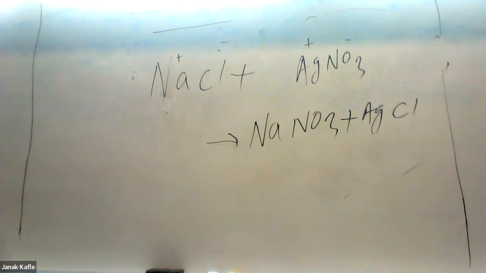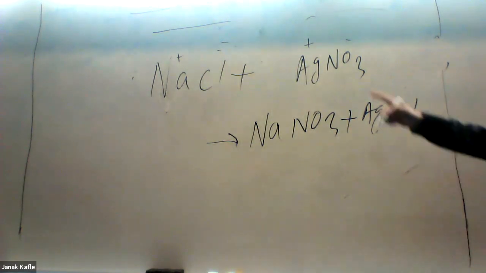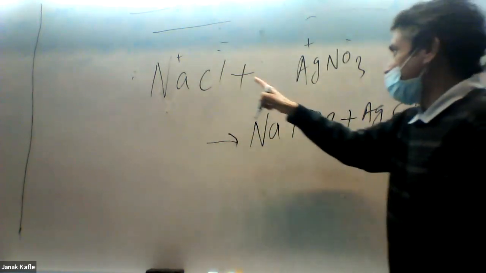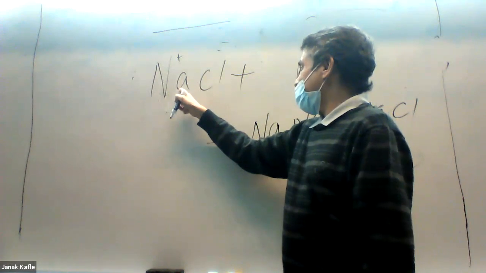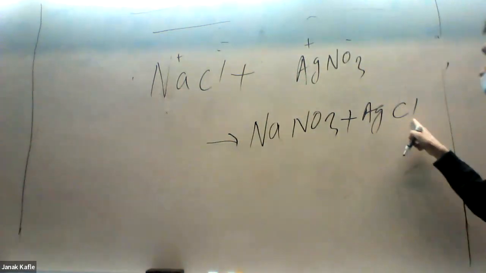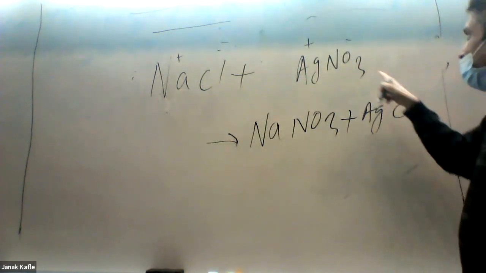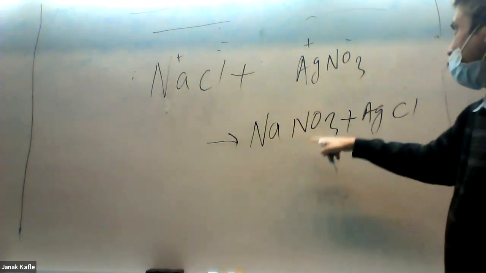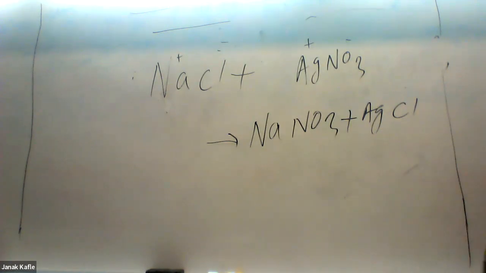Everybody got that? So while you are exchanging these ions, the plus guy should be written first. This Cl was sitting here with Na. Now this Cl is going to sit with the Ag here, and this NO3 sitting with Ag now is sitting with the Na and sits just behind the Na.